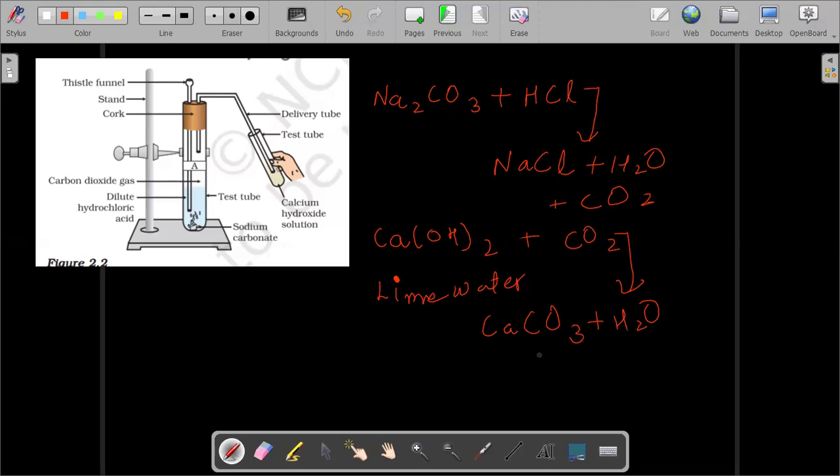You will have milky color. There will be an appearance of milky color due to the formation of insoluble calcium carbonate. The lime water turns milky, whereas earlier it was colorless.